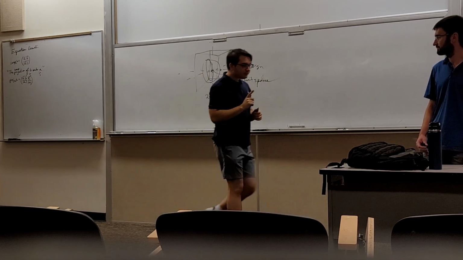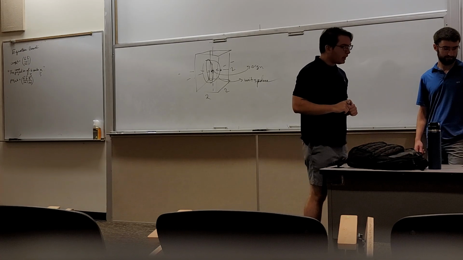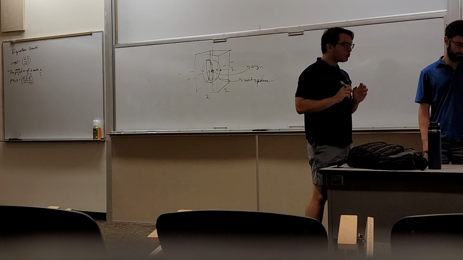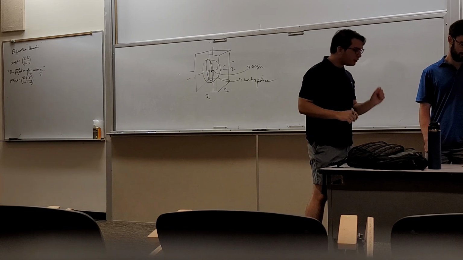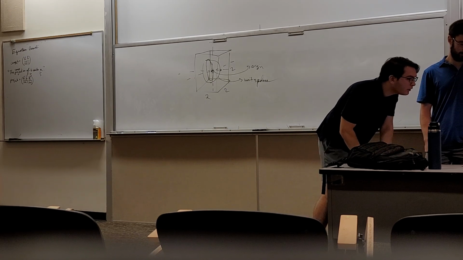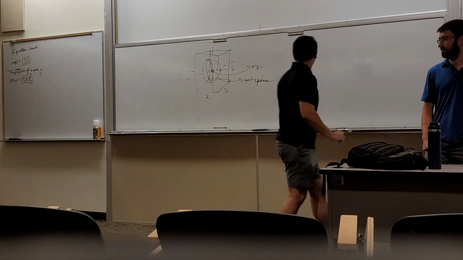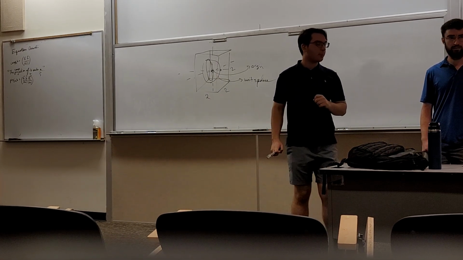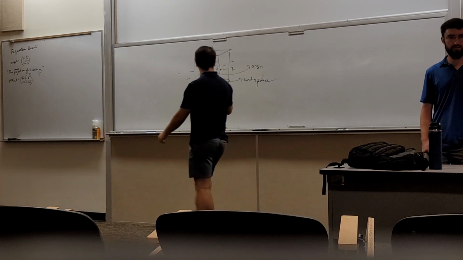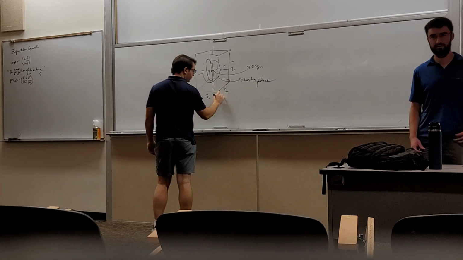But he's asking you here to calculate the shortest distance from the very corner of the cube to the sphere. So let's say that this is a corner of the cube.